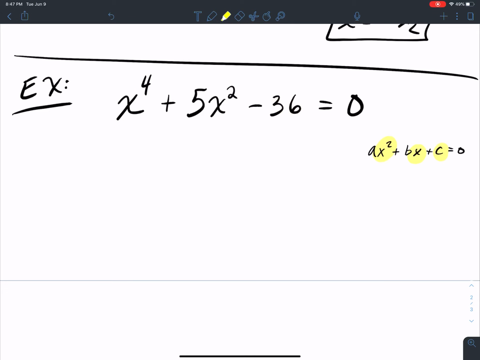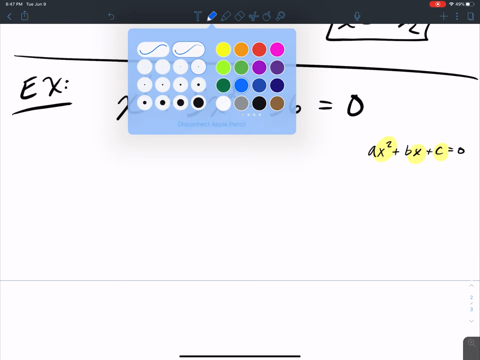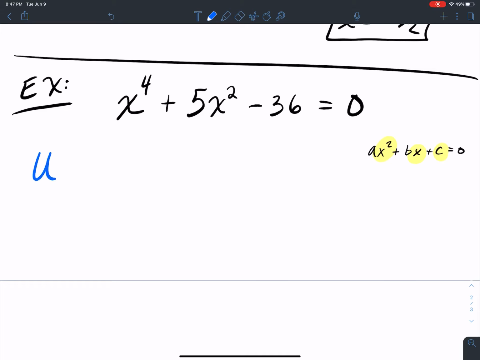So very similar. There's a trick here, and it's called a U substitution. U for ugly, right? So an ugly substitution. If I make u equal to whatever this middle term is, so for this one, it's x squared, now all of a sudden that becomes linear.